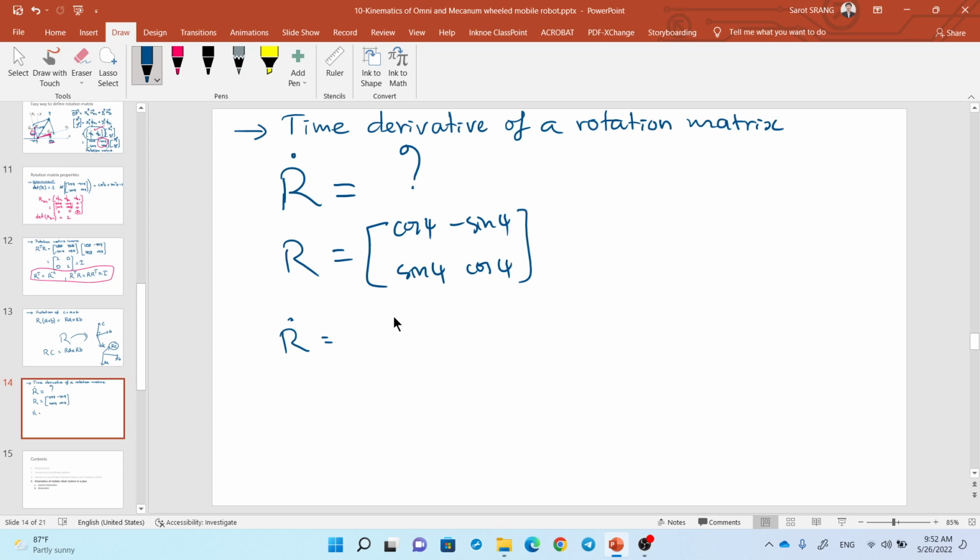This one is minus sine psi, this one is cosine psi, this one is minus cosine psi, and here is minus sine psi. And this one is called the angular velocity of the rotation matrix itself.